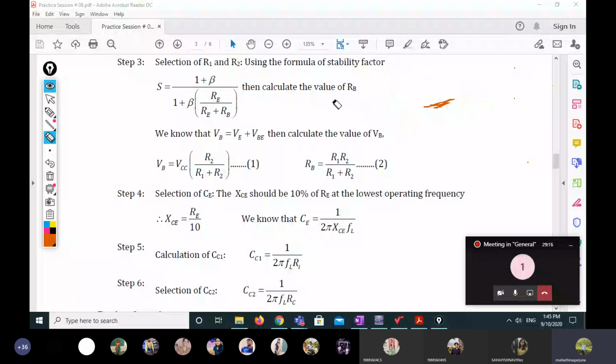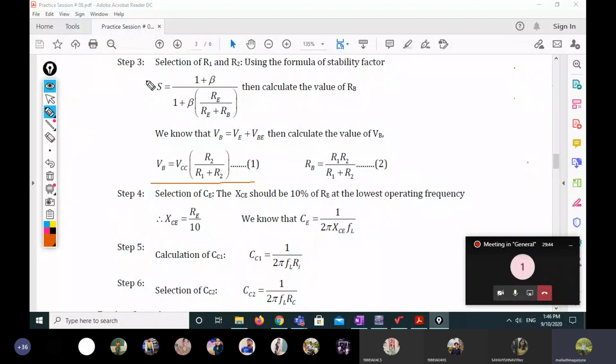So now, if you know that Vb, so Vth is equal to Vcc into R2 by R1 plus R2. These are all formulas we got from the voltage divider bias network, the operating point derivation. You can go back to the voltage divider bias network in the biasing scheme and verify all these formulas are there in that derivation.